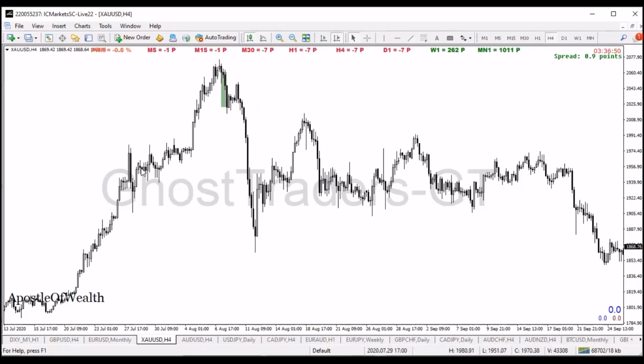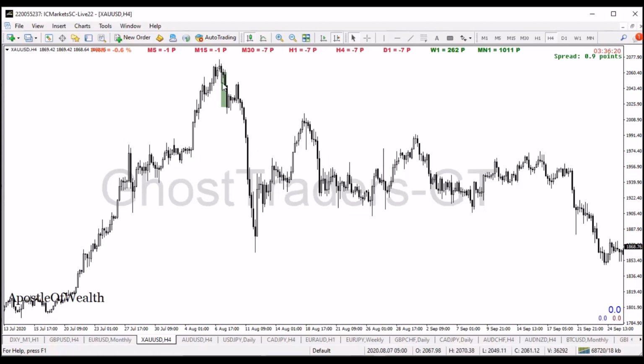Price has been going up, coming back and balancing everything, continuing to go up, balancing everything. But at this level here, you see price declining and then pulling back. The moment we see price pull back like this, we definitely know that this is a retracement. We want to see price continue to go down.